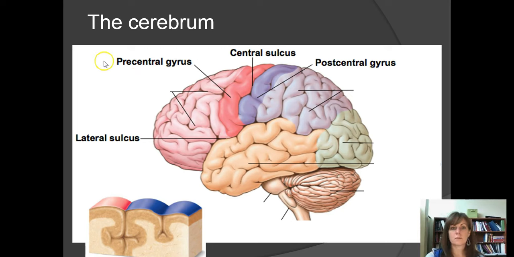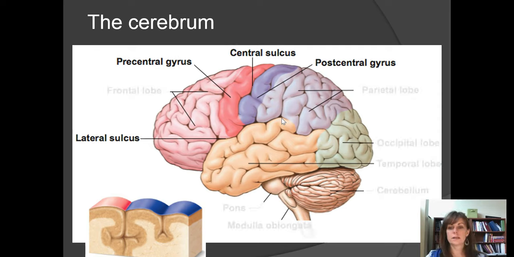So this is going to be the precentral gyrus, the bump that is before that central area. And then you're going to have the post-central gyrus, post meaning behind. So it's behind the central sulcus. Over on the sides, so more lateral, you're going to have this lateral sulcus that runs through here.